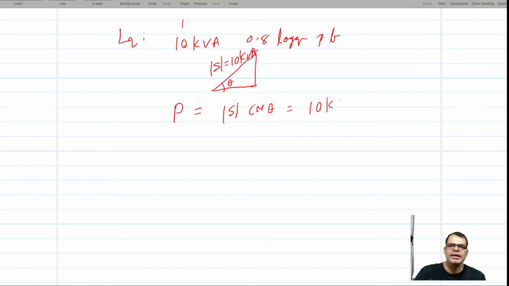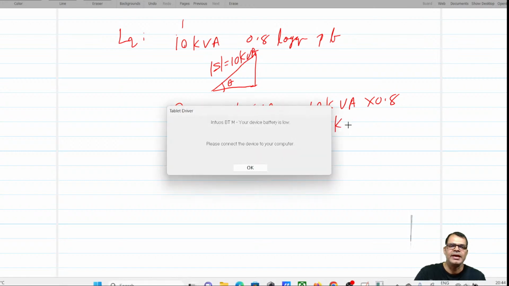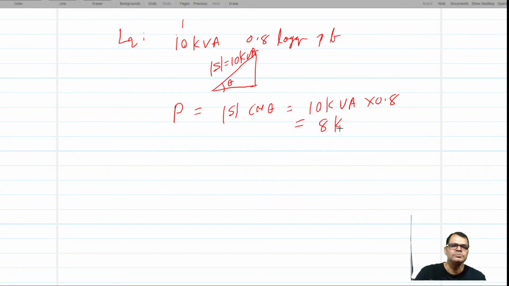So 10 kVA into 0.8, that is 8 kilowatt, and what will be Q?